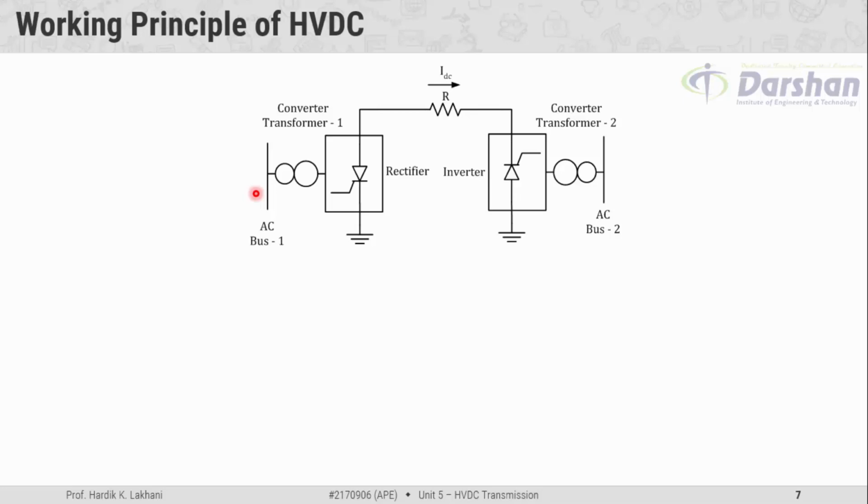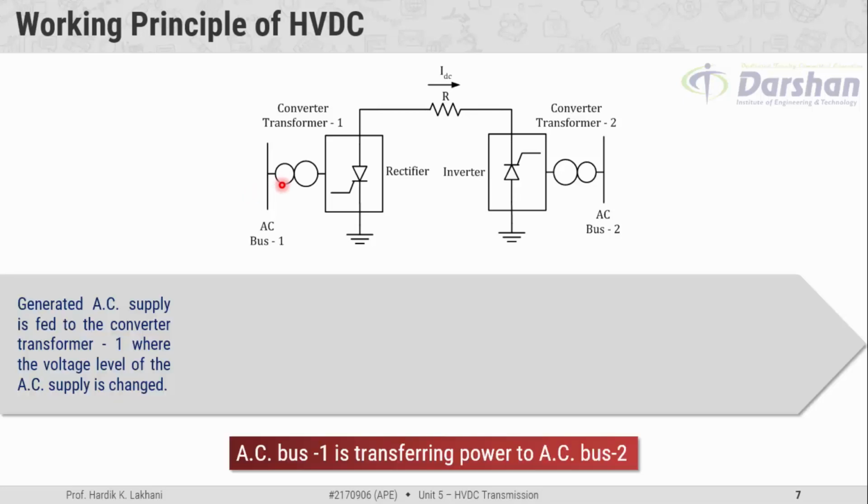The task of AC bus 1 is to collect the power from the generators and it provides that power to converter transformer 1. The task of converter transformer 1 is to step up the voltage for the rectification process and it provides the power to the rectifier.